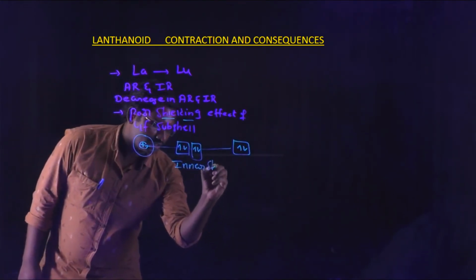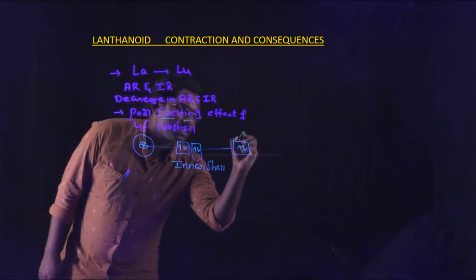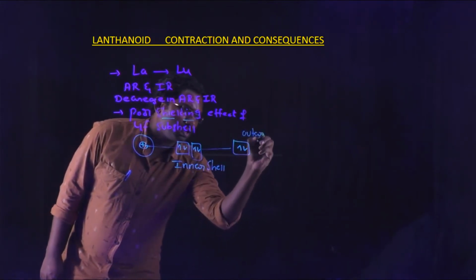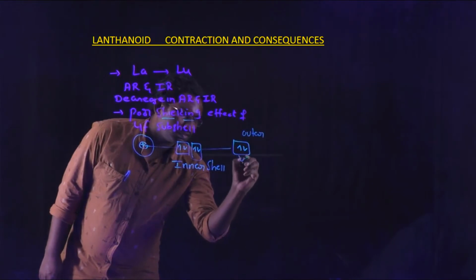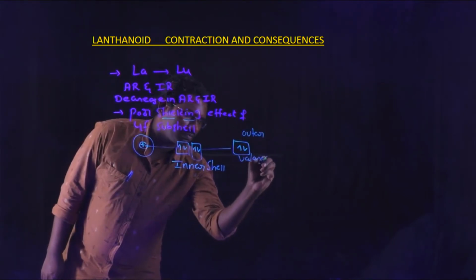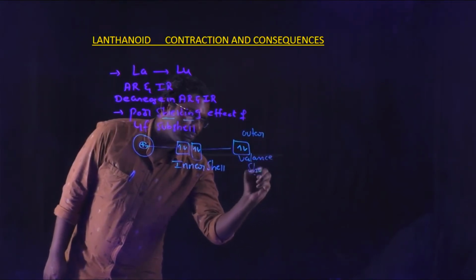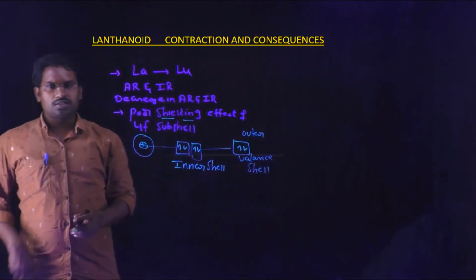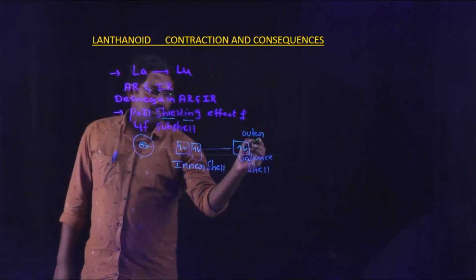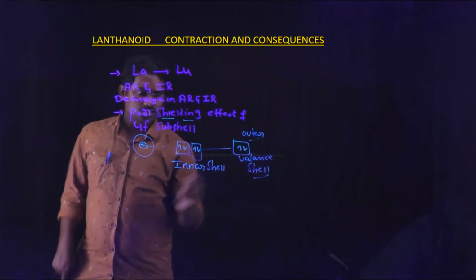These are inner shells or inner orbitals, and this is the outermost orbital or valency shell.